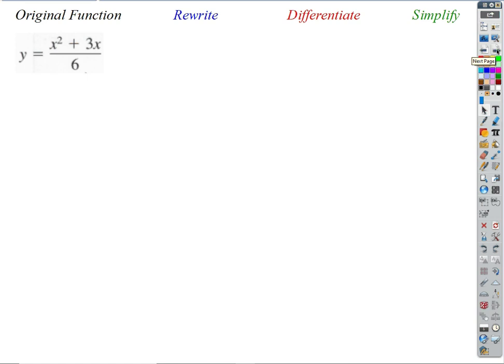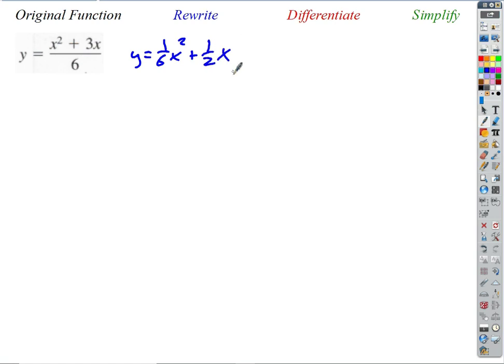Same thing here, right? What would we do here? Take the power out of 1/6. We could split this into two parts and just differentiate term by term. Yeah. That makes this much easier. So we don't even have to write this down, but in our head, we're thinking y equals 1/6 x squared plus 1/2 x.